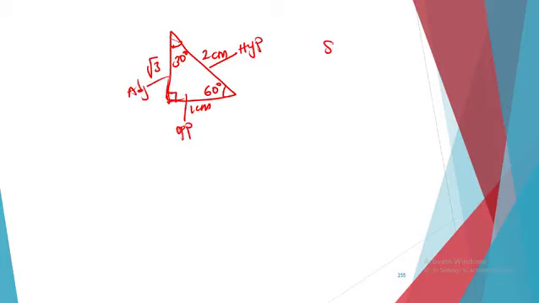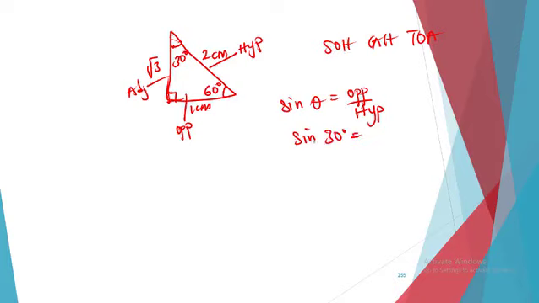So we use SOH CAH TOA. Sin theta normally is equal to opposite over hypotenuse. Is that correct? So sin 30 is equal to opposite. Our opposite is what? Is 1 over hypotenuse 2. Okay, then our cosine, which is cos 30, cos theta is equal to adjacent over hypotenuse, and then we have cos 30 to be equal to, our adjacent is what?